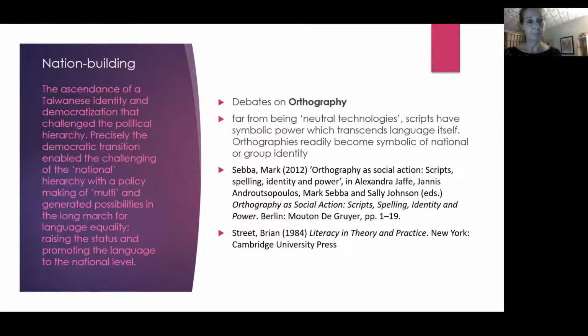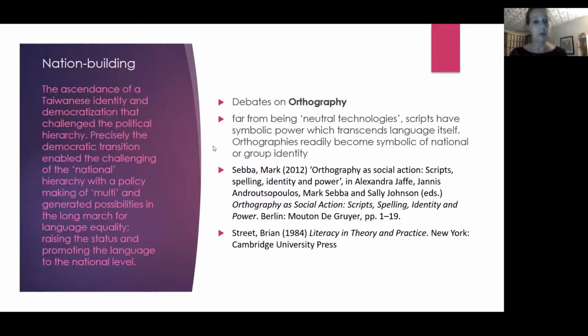So the nation building that we have to bring in the context of Taiwan from the 70s, 80s, and the ascendance of this Taiwanese identity and democratization, in its way challenged the political hierarchy.